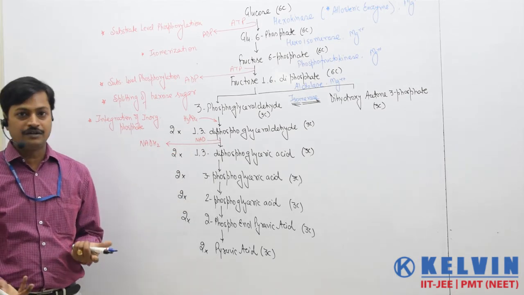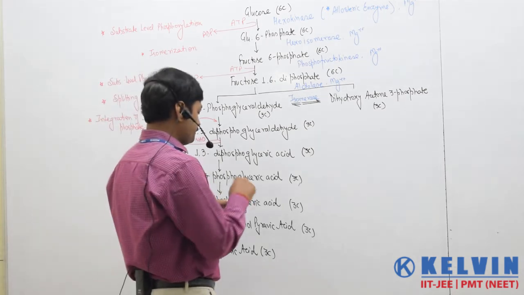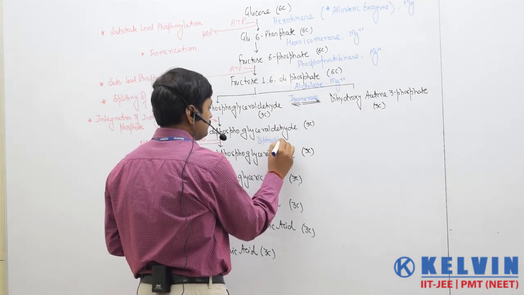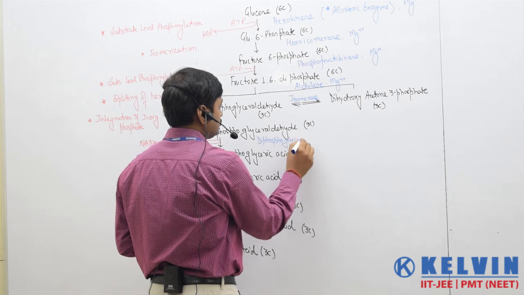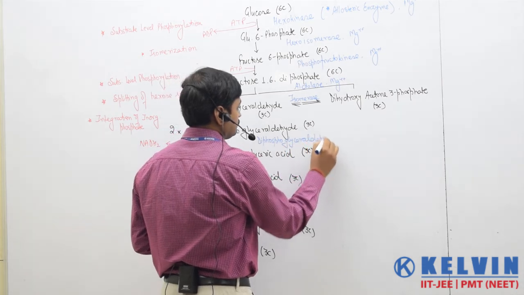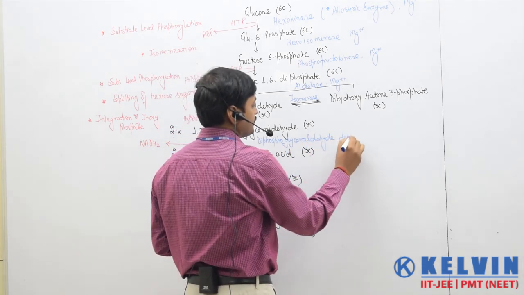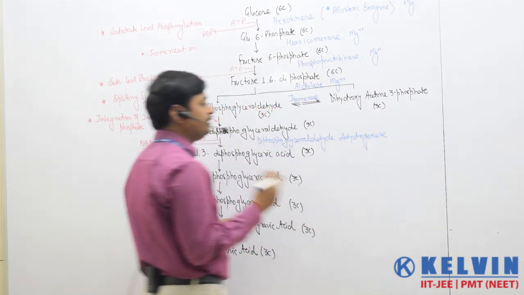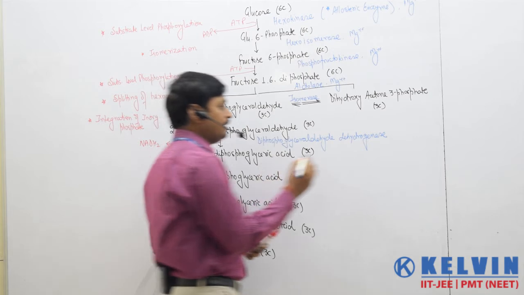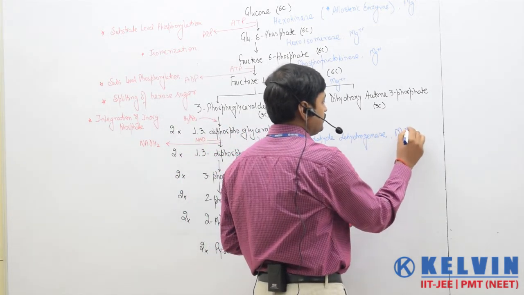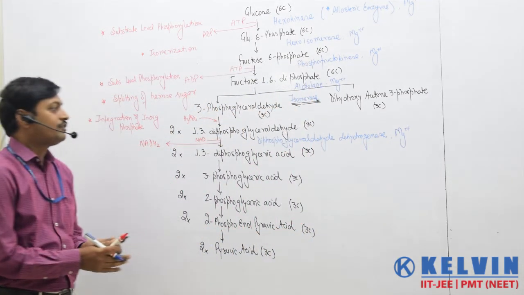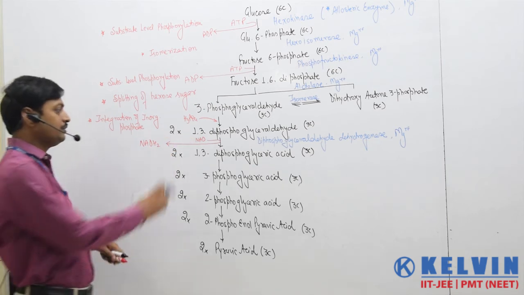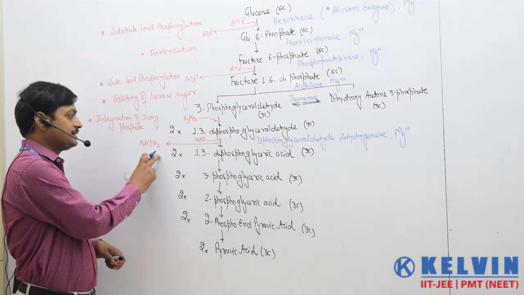So the enzyme will be diphosphoglyceraldehyde dehydrogenase, because the dehydrogenation reaction occurs here. Again, the activator will be Mg2+. In this step one NADH2 molecule is formed.